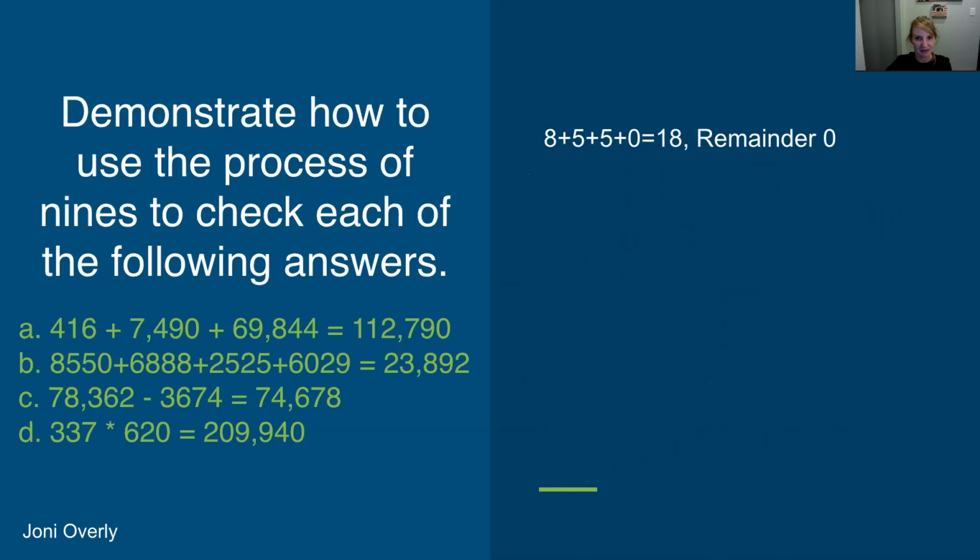Okay. So now moving on to problem B. So we are going to start with our 8 plus 5 plus 5 plus 0 equals 18, with a remainder of 0.